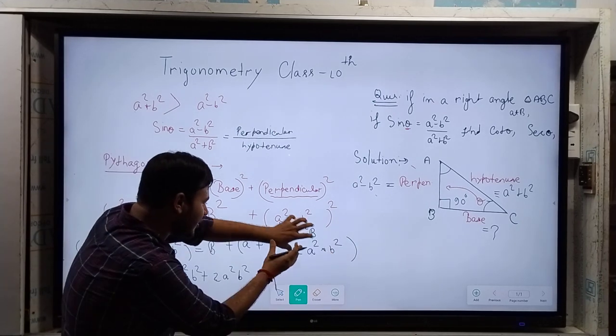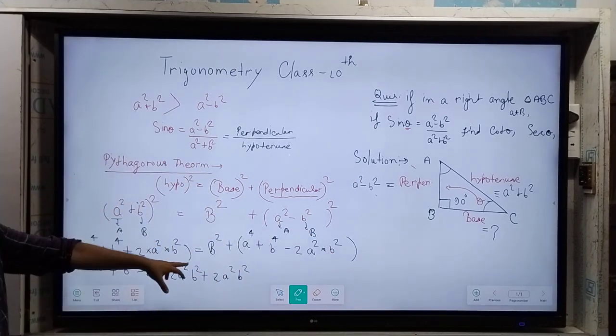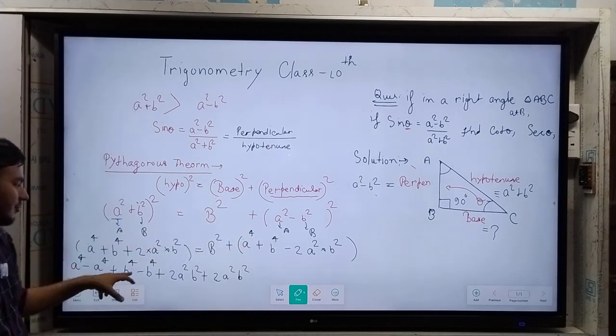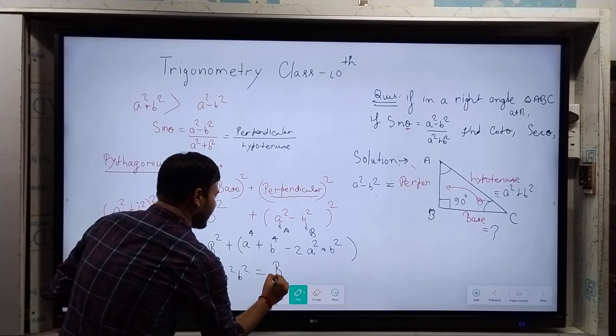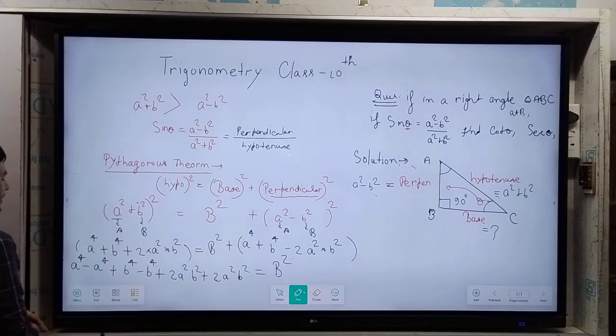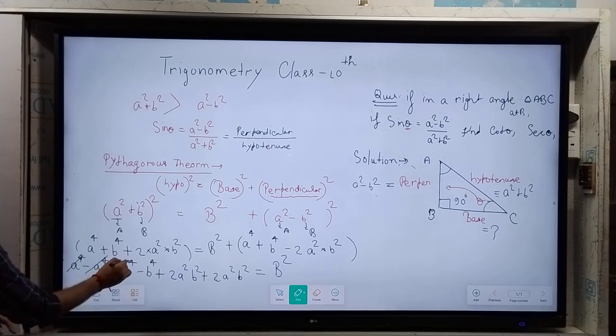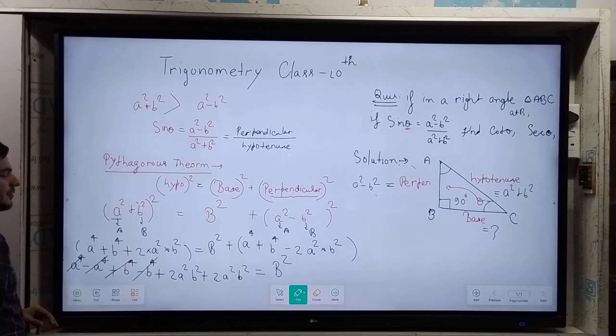Minus 2a square b square. After transposing, the sign is converted from minus into plus. Now only b square will be present alone. a to the power 4 and a to the power 4 cancel out, b to the power 4 and b to the power 4 cancel out.